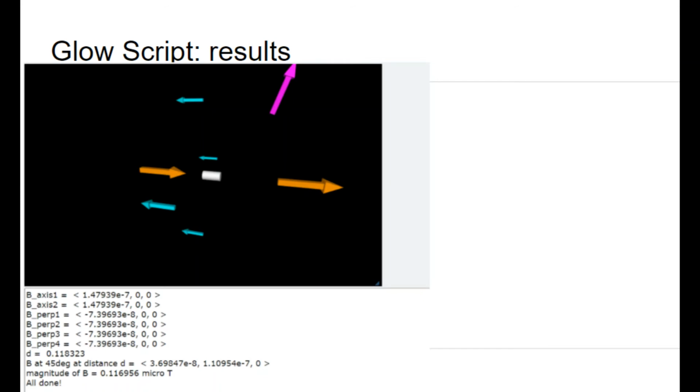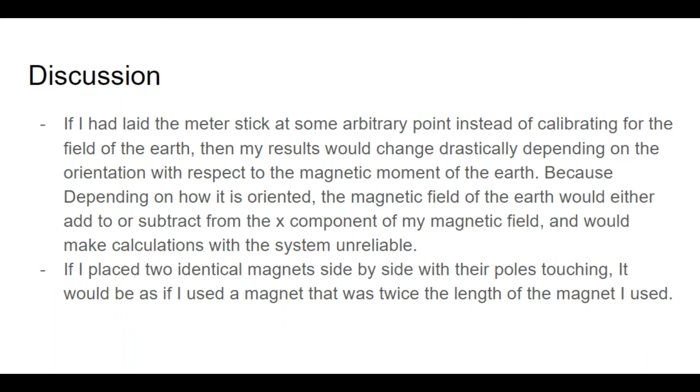In the text below, you can see values in vector form for vectors of the magnetic fields at all of these different locations. Also included is the distance d that the purple arrow is from the magnet, as well as the magnitude of B in microteslas.